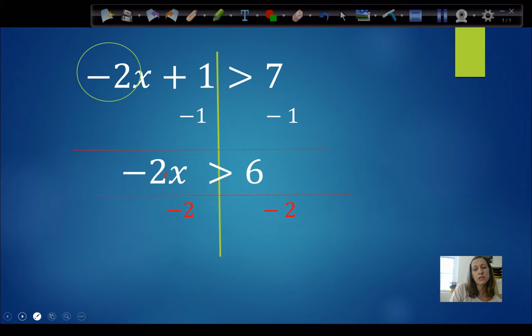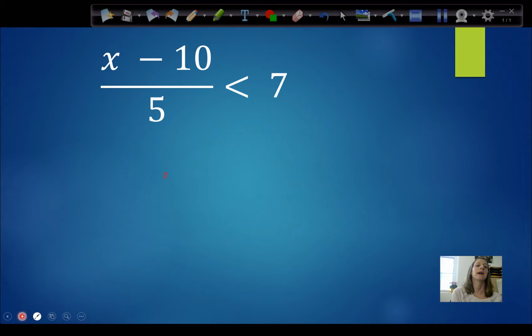When you multiply or divide, in this case we're dividing, by a negative number, the 2 is negative, it doesn't matter about anything else up above, we need to flip our inequality symbol. So my greater than symbol now becomes a less than symbol. My 2's canceled, I have x, 6 divided by negative 2 is negative 3, and I flip my inequality symbol.